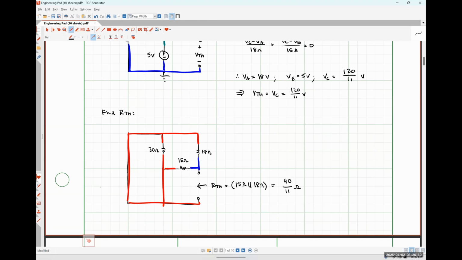If you want me to, we can prove that they're electrically equivalent by determining the current flowing through the load resistor, determining the voltage drop across the load resistor in both cases, and see that they give us the same results. Would that help solidify things? Okay. So essentially, this is the process.